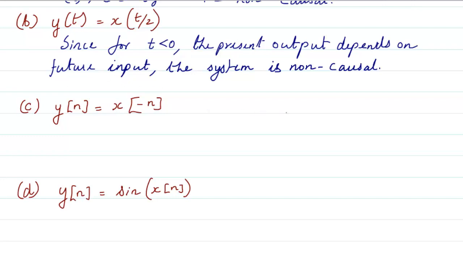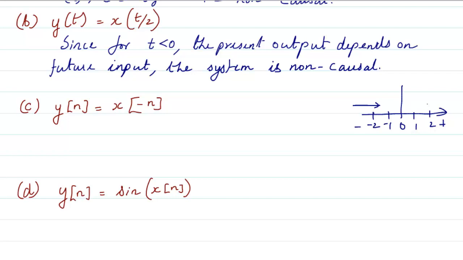y(n) is equal to x(-n). If I look into the time axis, this is 0, this is the positive axis, and this is the negative axis. We know that time moves in this direction, that means it goes from -2 to -1 to 0 to 1 to 2. So now what is the value here?